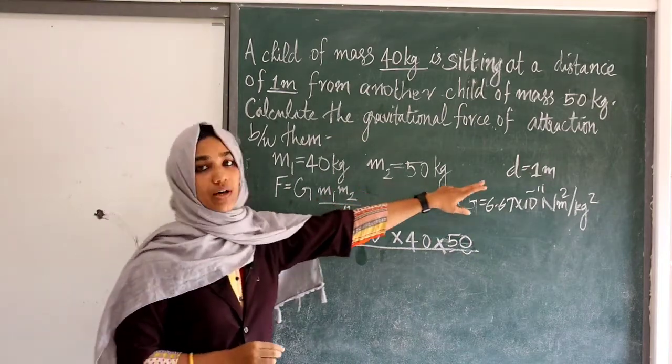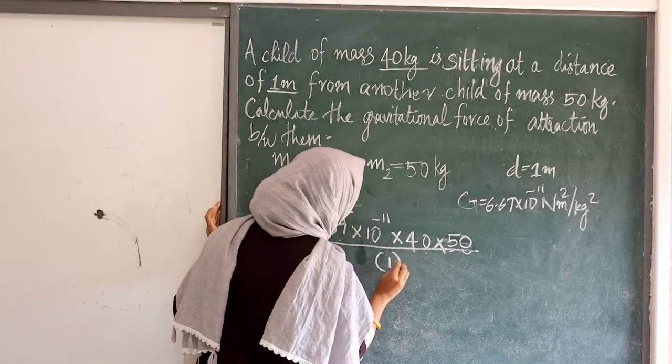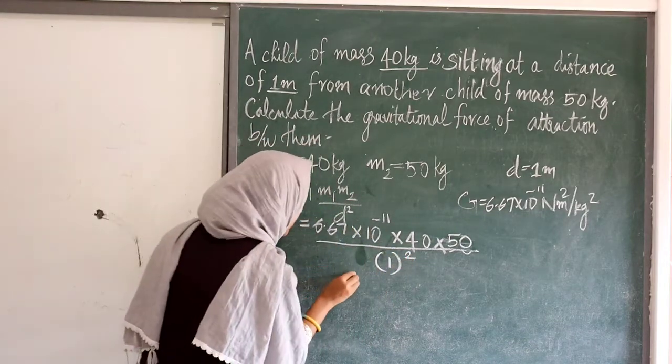Here d square is what? That is 1 meter, so we can write 1 square. Is it clear?